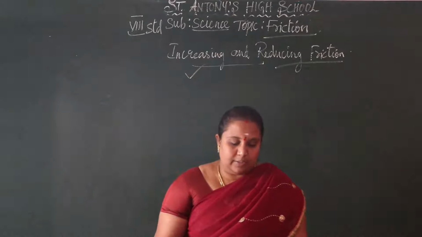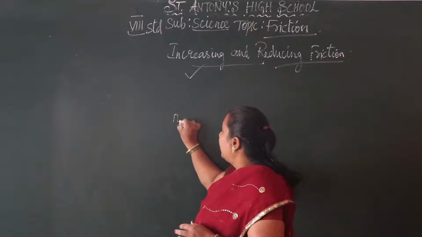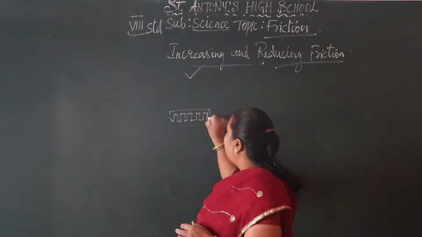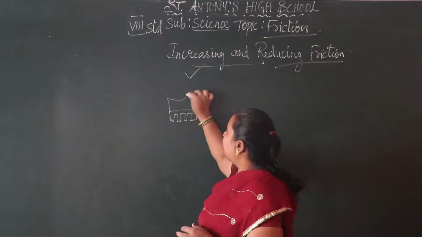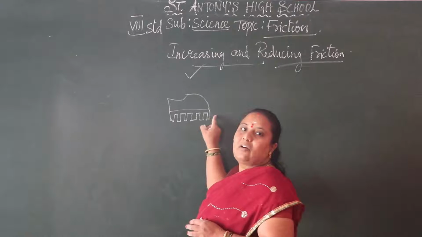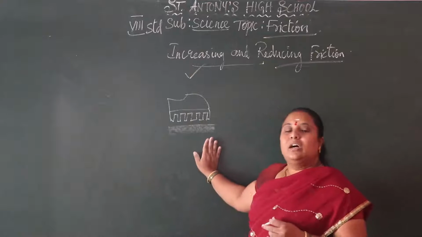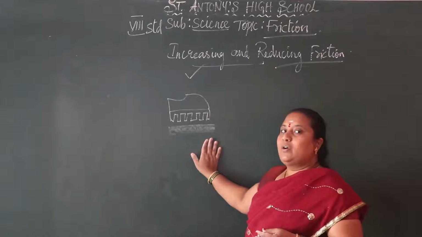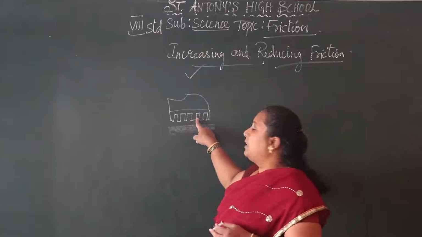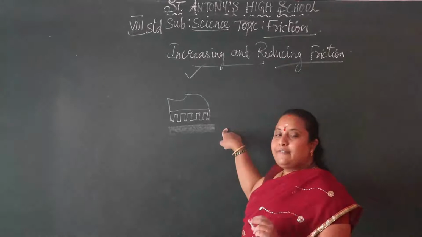What we do here is the sole of the shoes. The sole of the shoes is made with irregularities on it. The surface of the ground can be very slippery, and these irregularities on the sole increase the friction and avoid slipping on the surface of the floor.